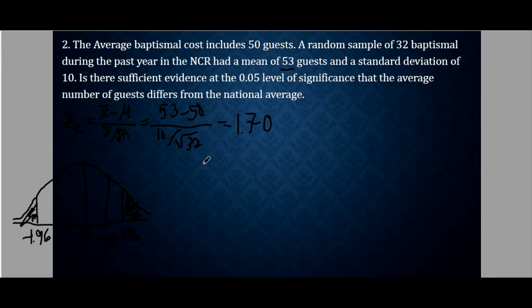Okay, so now what is our decision? Is it reject H0 or accept H0? If you notice, the z computed does not fall within the critical region.